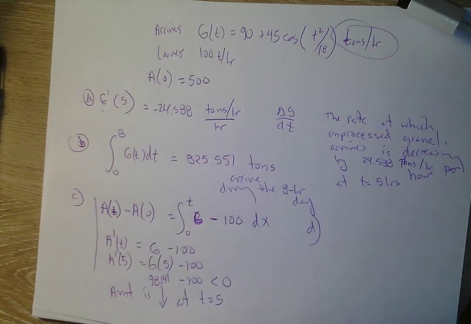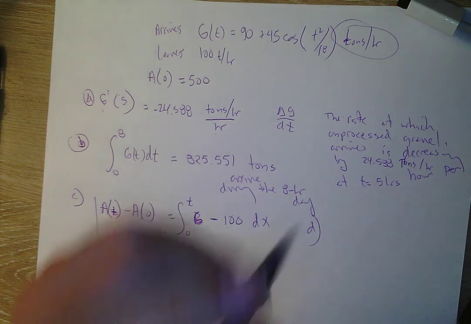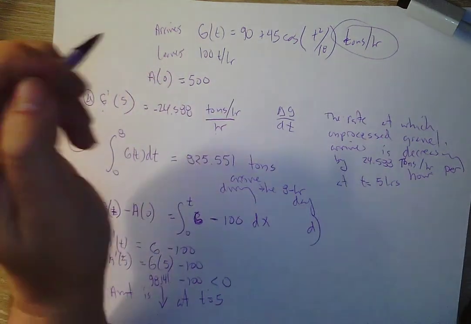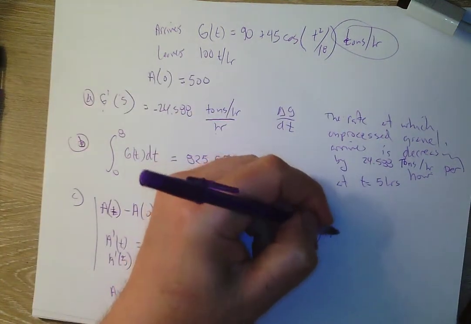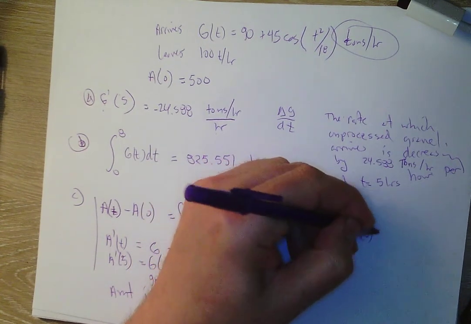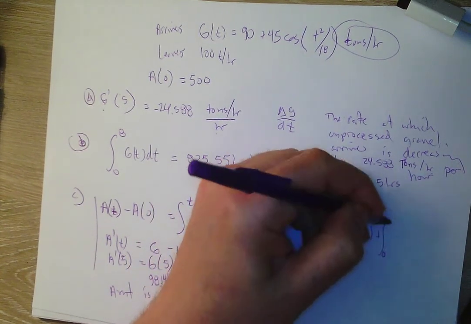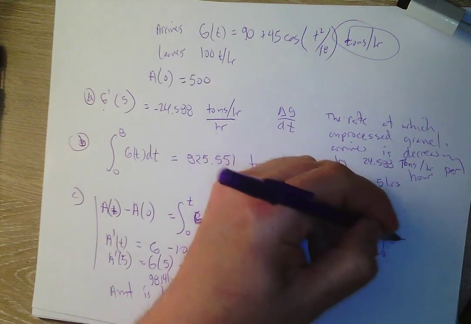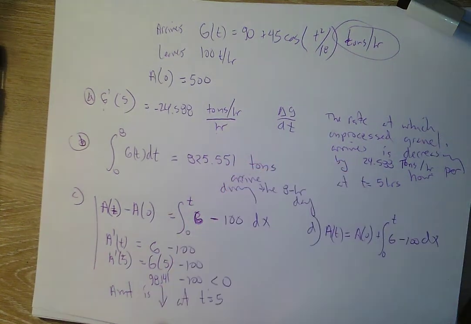D. D says, and I might need more paper for D, what is the maximum amount of unprocessed gravel during the workday? Okay, so this is the candidates test problem. They're asking for a maximum of the amount function. And I said amount was A of 0 plus the integral from 0 to t of g minus 100 dx.